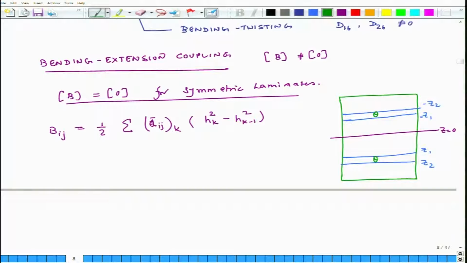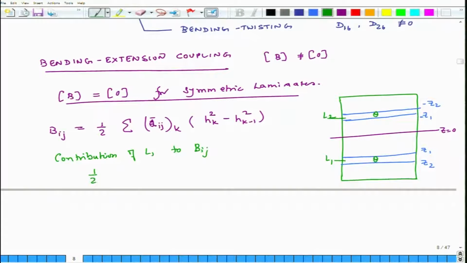So, let us see the contributions of these two layers to the B matrix. So, let us say this is L1 and this is L2. So, the contribution of L1 to Bij, what will it be?